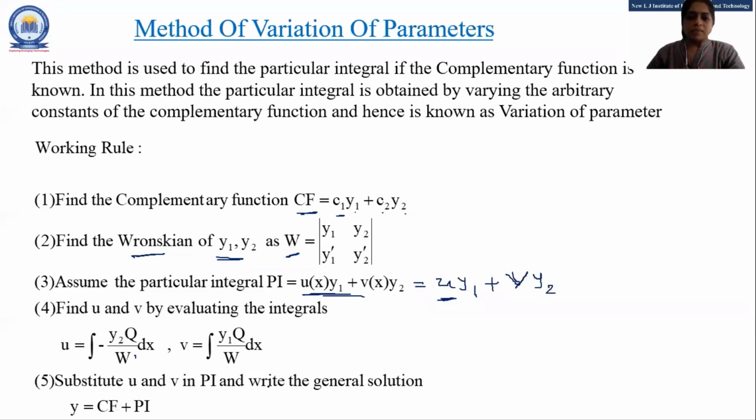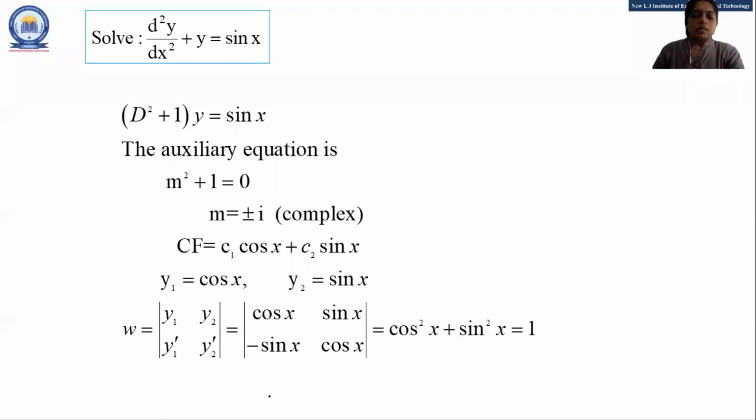Let's start some examples for this variation of parameters method. So see this question: solve d square y by dx square plus y equal to sin x. Students, if in the exam they just ask, listen carefully, okay? If they just ask to solve this differential equation, you may also solve it with the shortcut method, case 2.